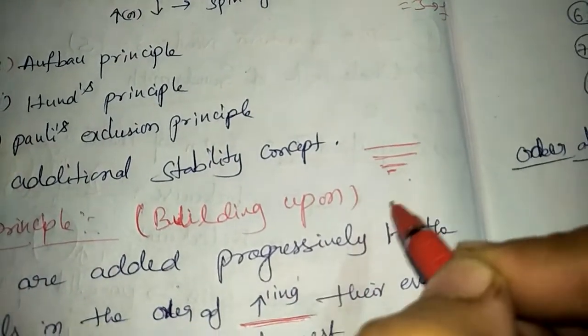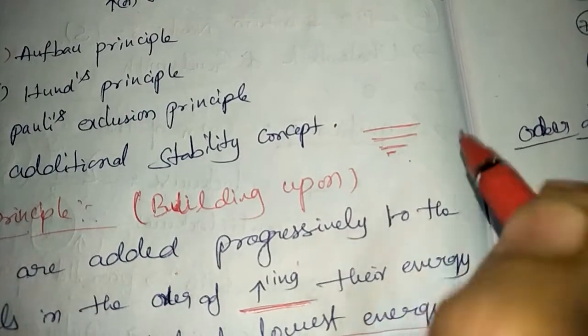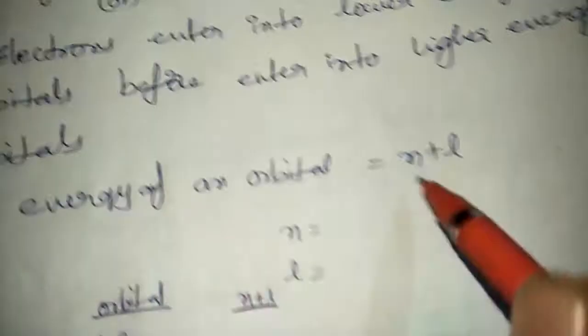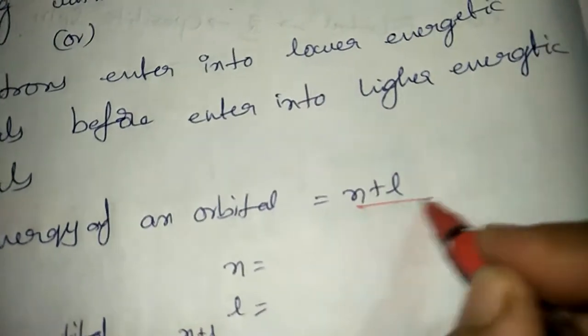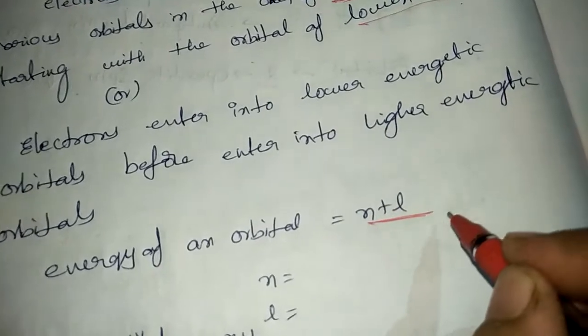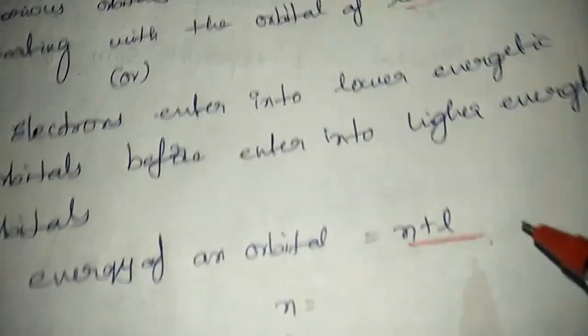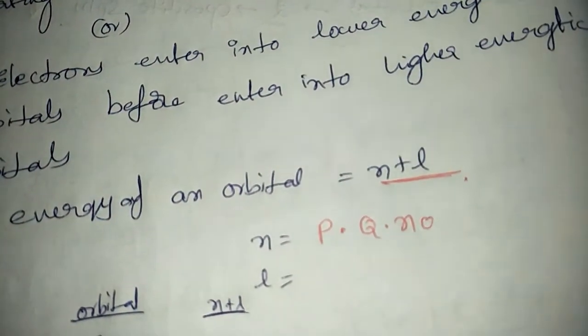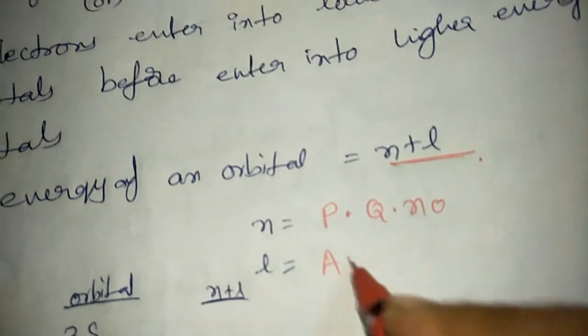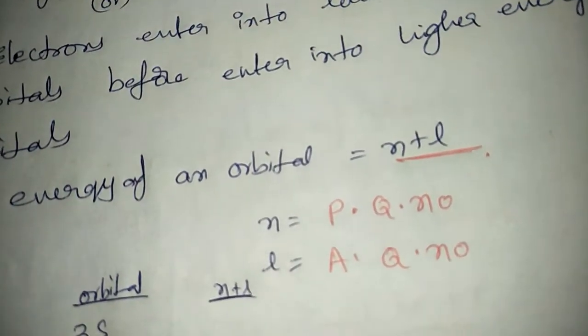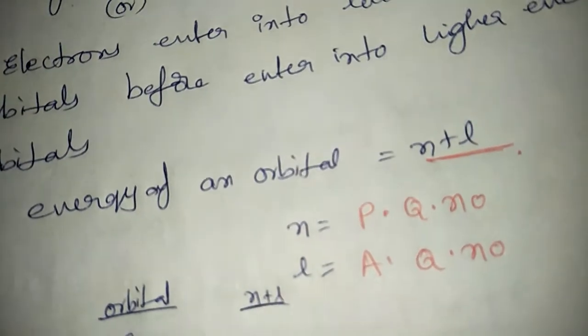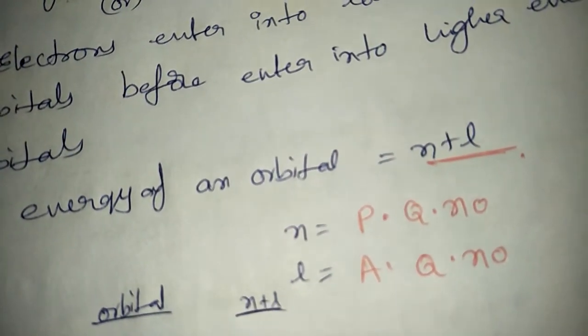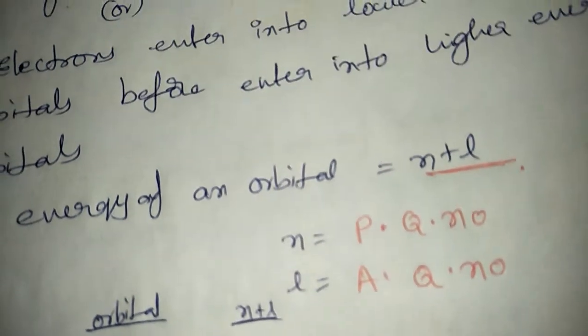How can you identify which orbital has the lowest energy and which has the highest energy? Here, energy of orbital is indicated by the n plus l value. Here n is the principal quantum number, like 1, 2, 3, 4, and l is the azimuthal quantum number. We should follow two rules for electrons entering the various orbitals.